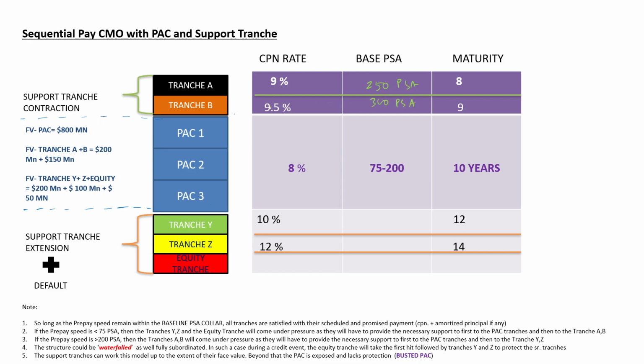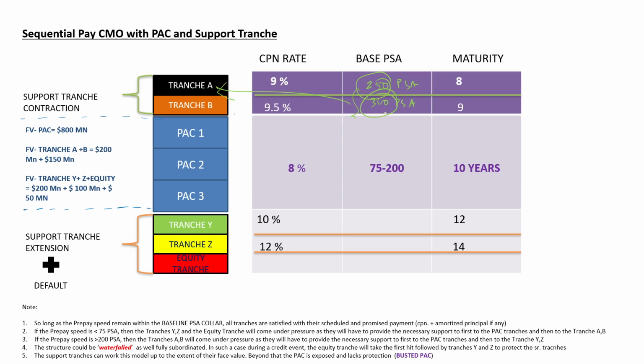That would mean there is a severe threat of contraction. However, in such an instance, tranches A and B, to the extent of their face value, will absorb the additional prepayment or amortized principal, thereby going bust and providing the requisite support.